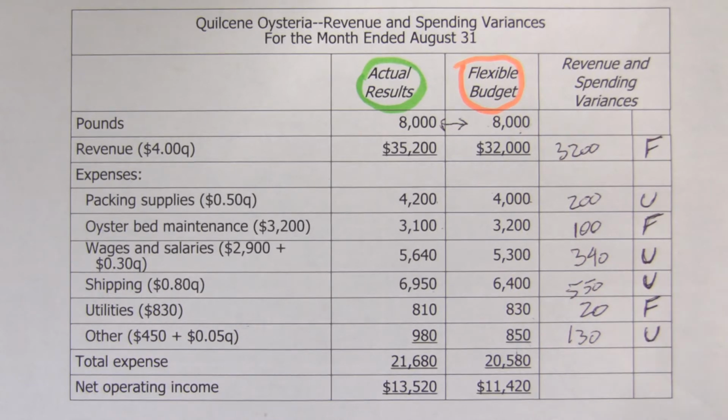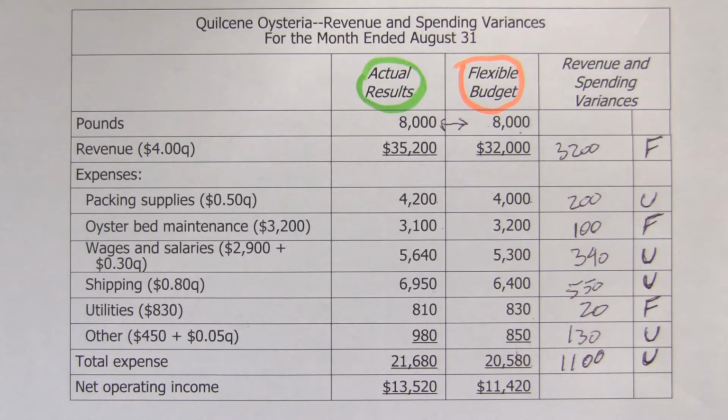That's unfavorable. So let's take a look at our total expenses. We expected our total expenses to be $20,580. Our actual expenses were $21,680. That's $1,100 unfavorable. You've got to go tell your boss you spent $1,100 more than you expected.